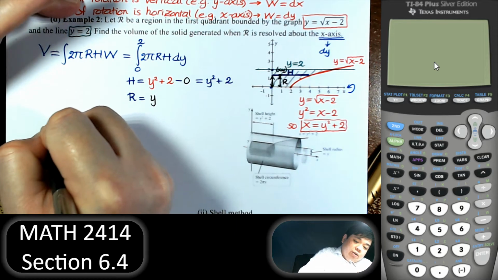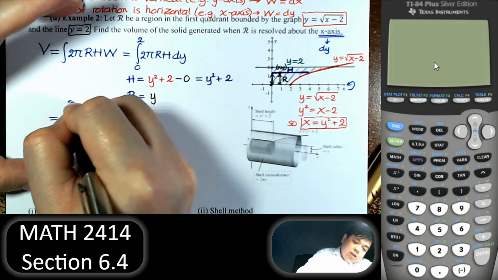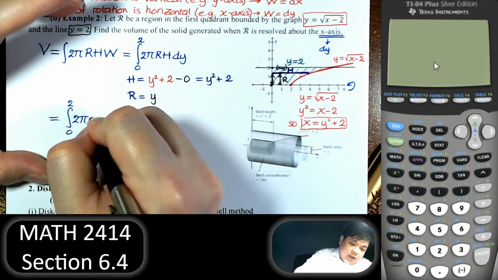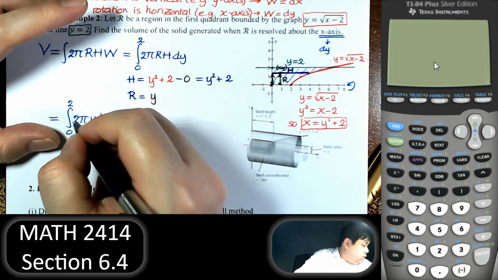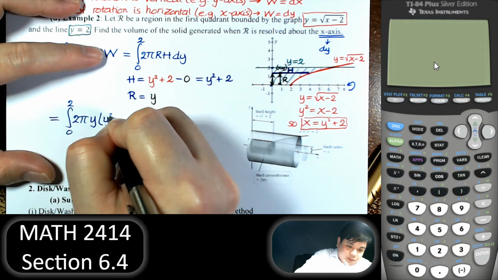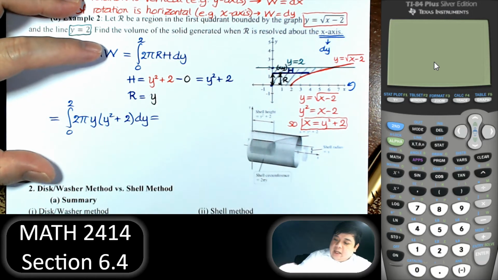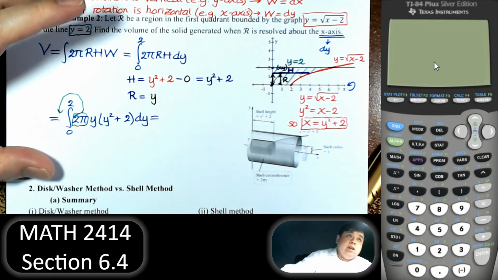But for now, putting these components in: 2 pi, r is y, h is y squared plus 2, dy. Now the constant of 2 pi, we can take it outside of the integral.